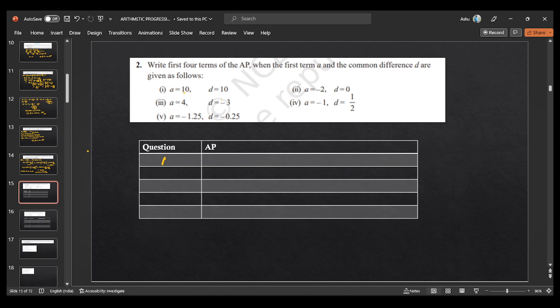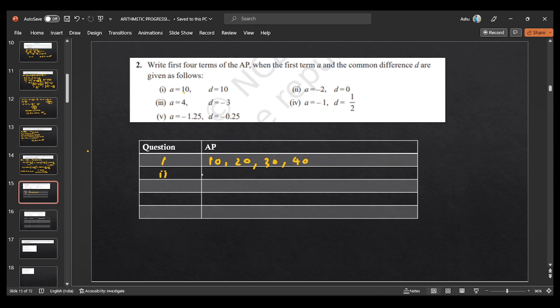So we should write 4 terms. First term is 10, so it will be 10. 10 plus 10 is 20. 20 plus 10 is 30. 30 plus 10 is 40. Clear?